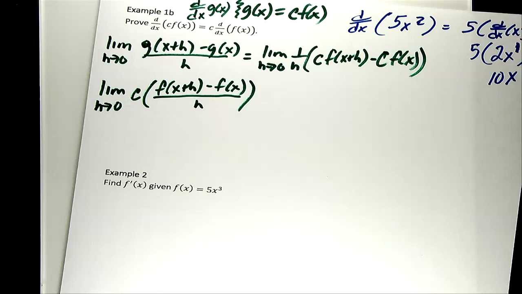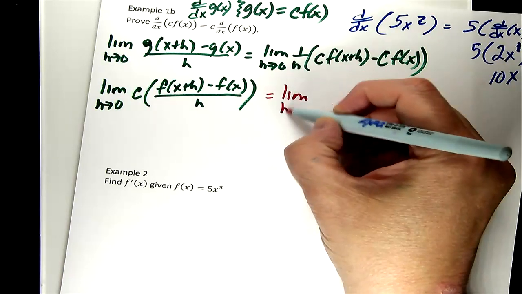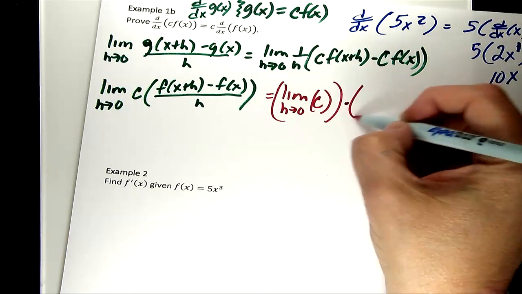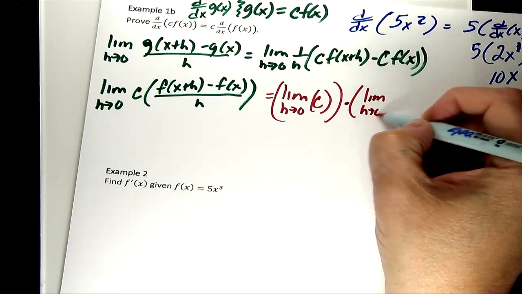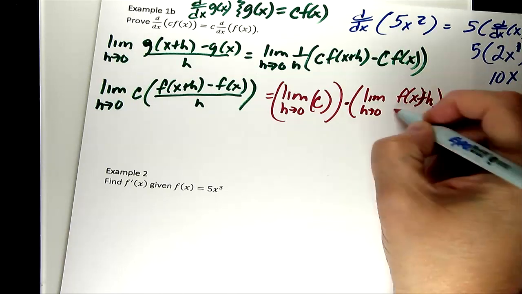The next step will take advantage of limit laws. This equals the limit as h goes to 0 of c, and then all of that is times the limit as h goes to 0 of f of x plus h minus f of x all over h.